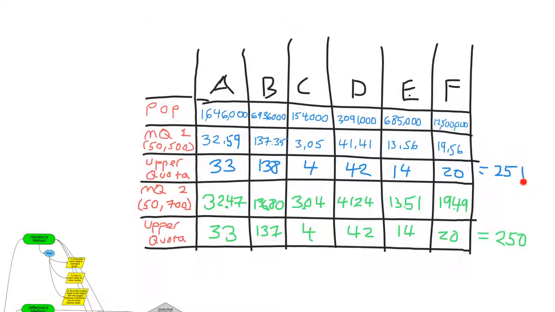If you end up going over, then you have to bump this divisor up a little bit. That would result in smaller quotas, all of which you would round up to the next integer. You then add it up again and see what happens. This time we got 250, and then we are done with that one.